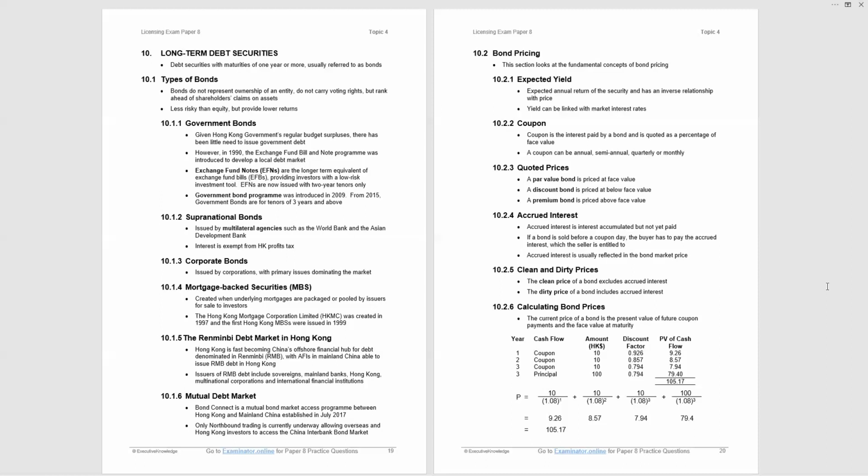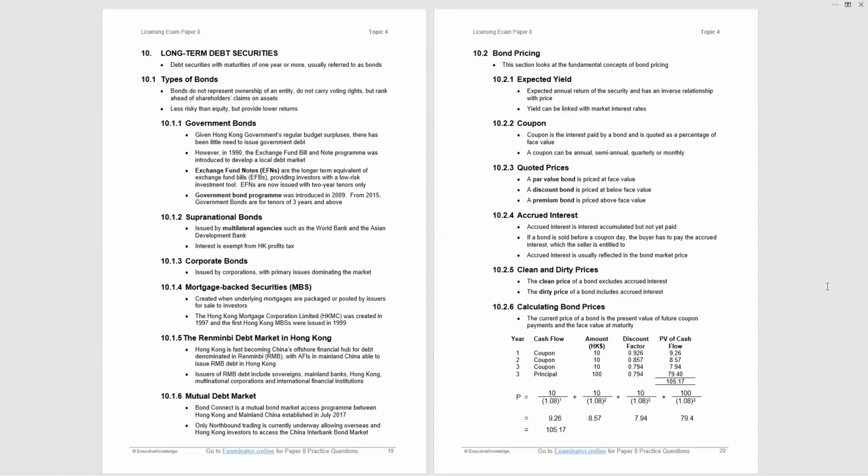So in the worked example at the bottom of page 20, we see that with a 10% coupon bond of $100 face value, you will receive $10 year one, $10 year two, $10 year three, and the 100 principal in year three also.